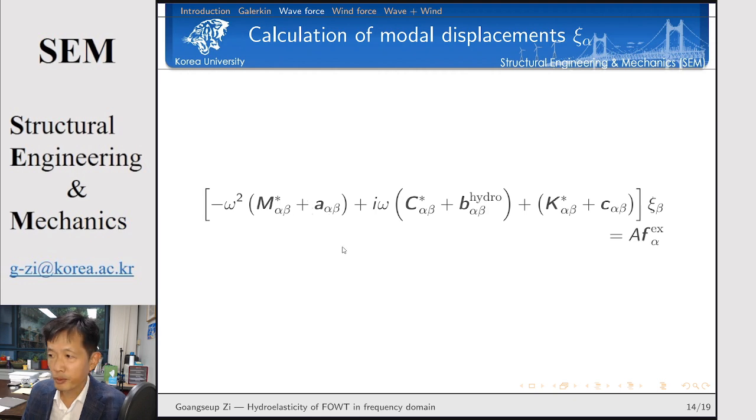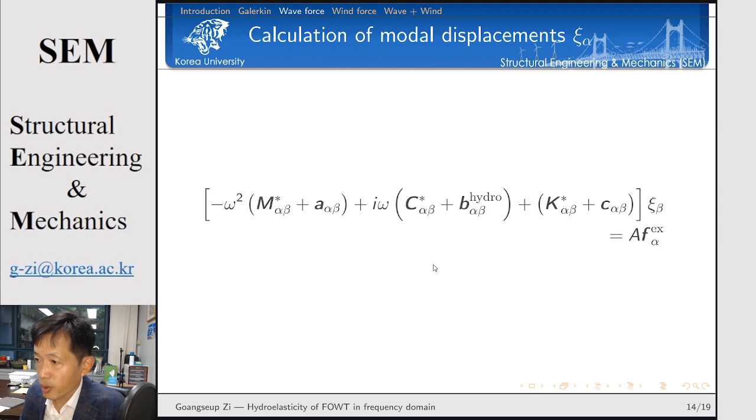Make sure that if you move everything to the left hand side, this term is added to the mass term. That's why we call this added mass. The term with i omega is added to the damping matrix, so we call it added damping. Similarly, the term added to the stiffness matrix is called added stiffness.